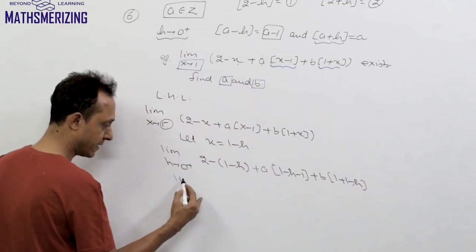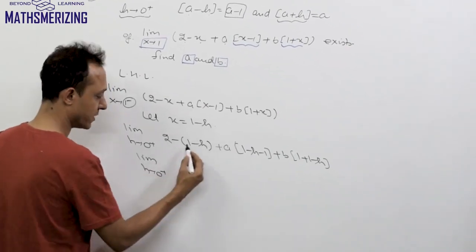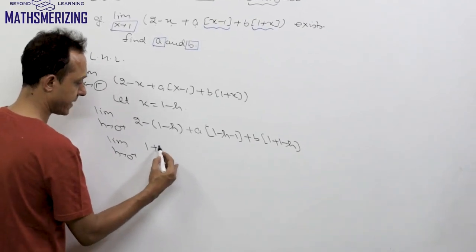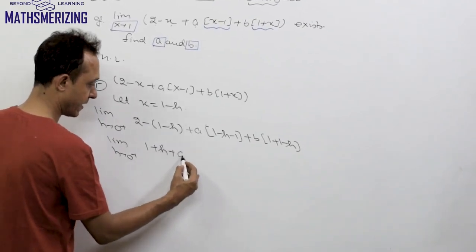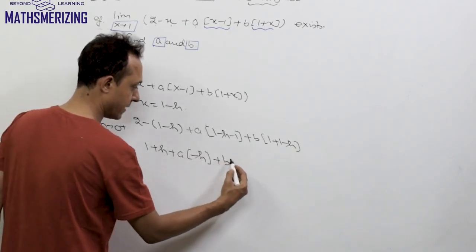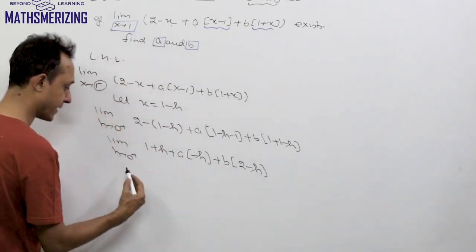So I can write it as limit h tends to 0 positive of 1 plus h and then a greatest integer function of minus h plus b greatest integer function of 2 minus h.